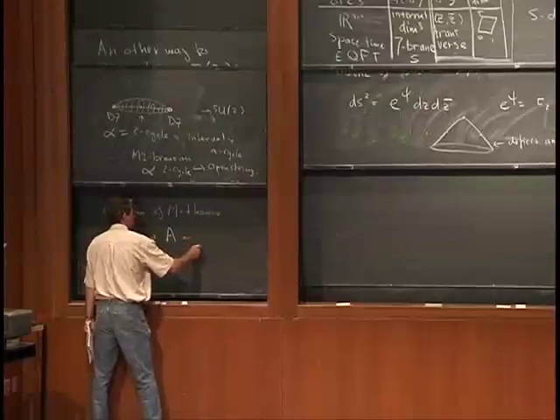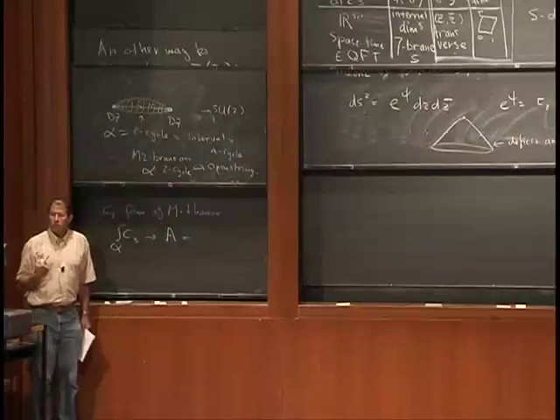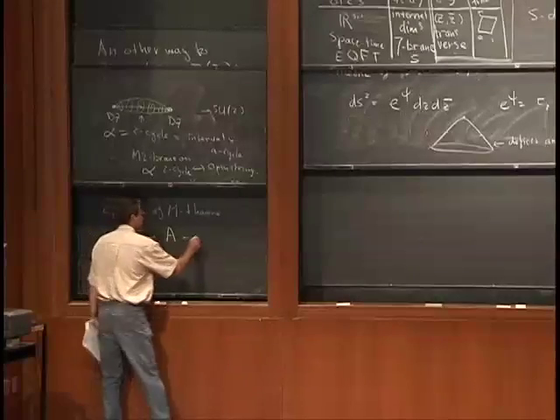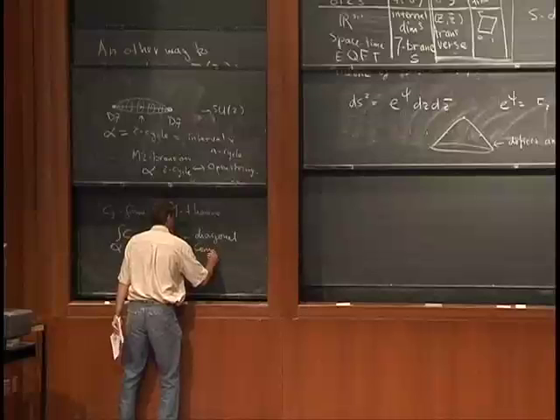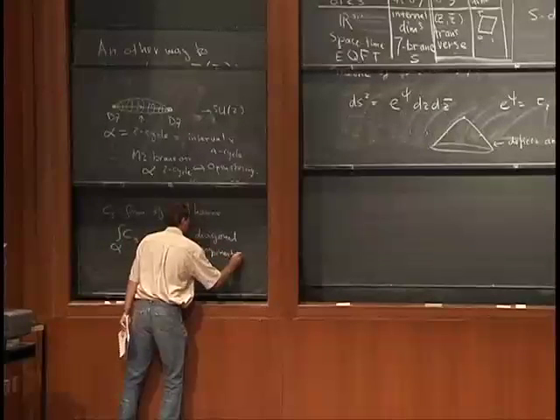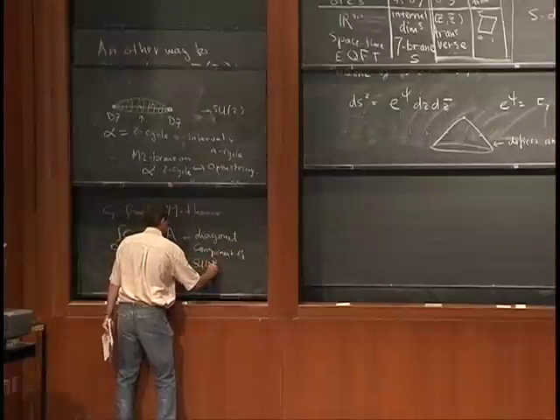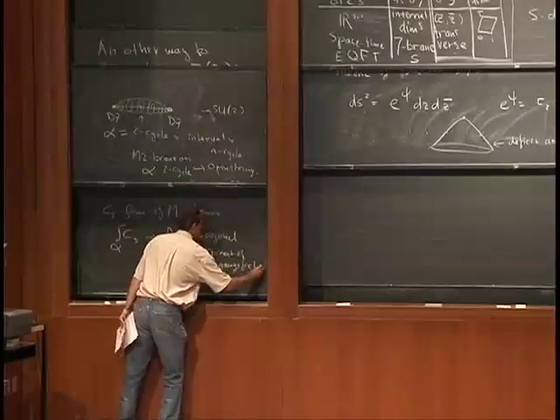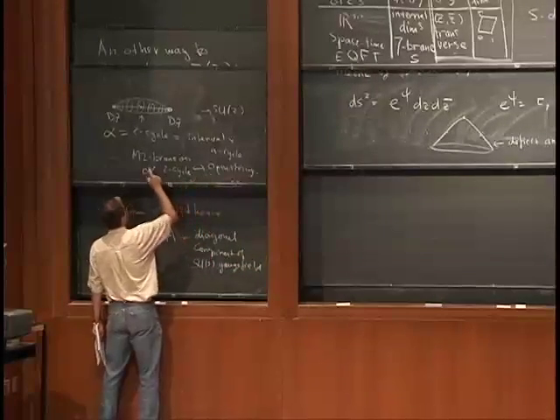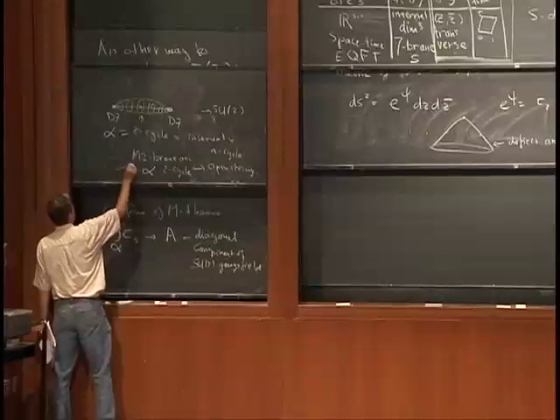And this is the diagonal component of the SU(2) gauge field. And these open strings, or this membrane, is the off-diagonal component.